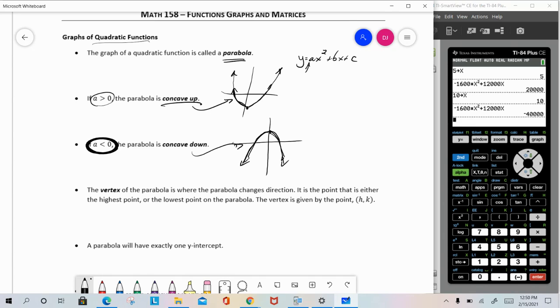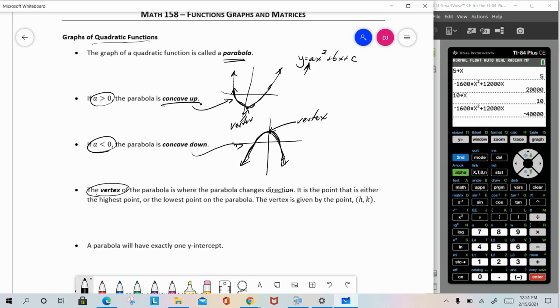If that a value is negative, then the parabola is going to be concave down. The vertex is where it changes direction. It's either the highest or the lowest point. Notice this is the vertex of the concave up parabola, and this is the vertex of the concave down parabola.